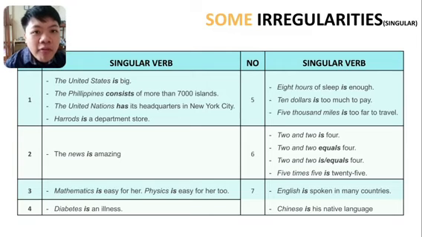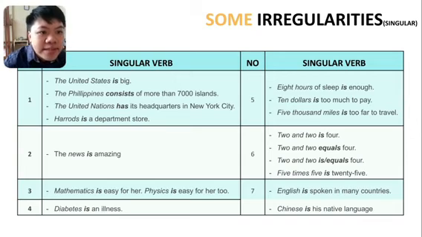Number 4, certain illnesses that end in s are considered singular. Diabetes, and other examples like measles, mumps, rabies, rickets, are singular, so you have to use a singular verb. Number 5, 8 hours of sleep is, $10 is, 5,000 miles is. For expressions of time, amount of money, and distance, they are considered singular, so you have to use a singular verb.